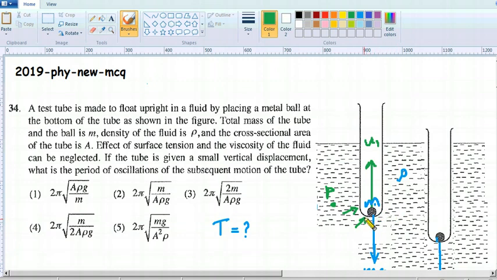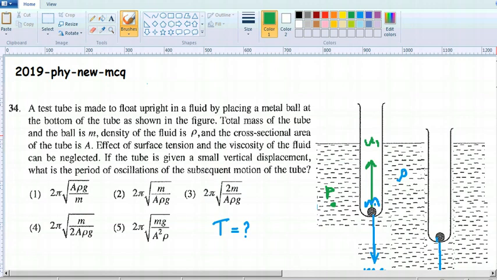These arrows are not for pressure, these arrows are for forces.